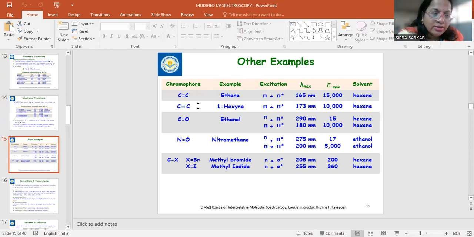Now, hexane, C triple bond, and this C triple bond in 1-hexane is also found for the pi to pi star. And C double bond O, ethanol, and nitrogen. This type of bonds are generally found in different compounds, and the transitions are presented here.